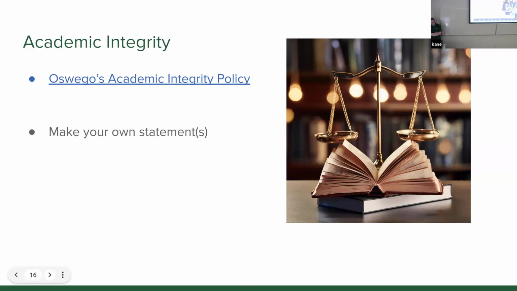And I really think that you'll have the most luck if you craft your own statement for your course with the academic integrity policy to fall back on. Basically, here's what I allow, here's what I don't allow. And if you do what I don't allow, that's when I go to the academic integrity policy, which will walk me through the process for dealing with that. But I truly hope that you do not run into that very often. It's not fun for anybody.